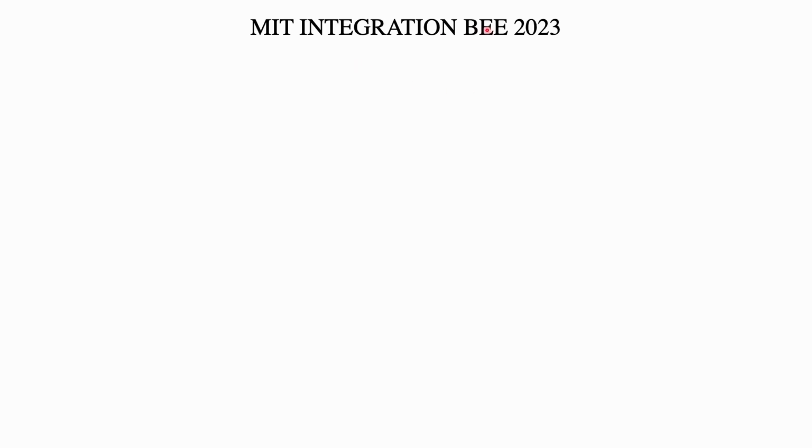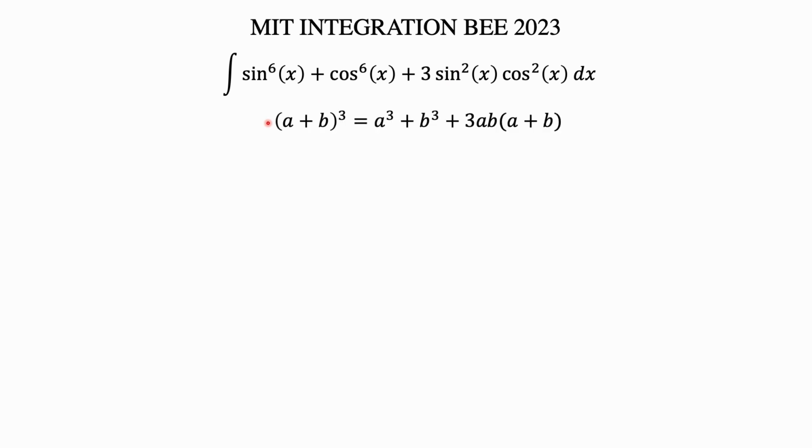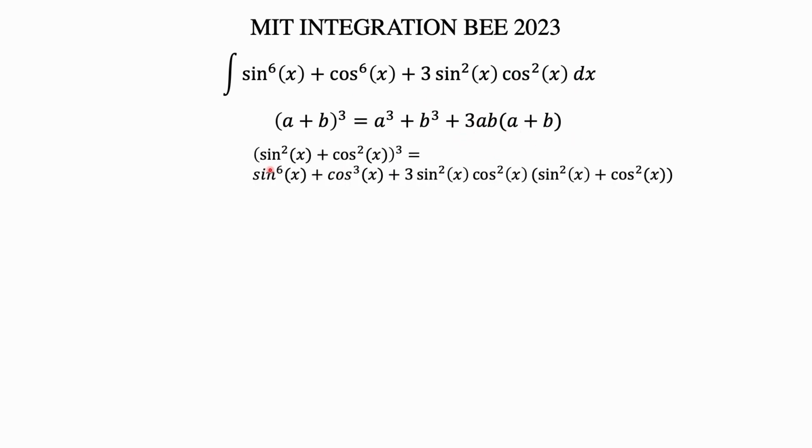Let's solve this MIT integration bee 2023 problem. You have sin^6 x plus cos^6 x plus 3 sin^2 x cos^2 x, dx. When I see this function, it instantly reminds me of the identity: if I take (sin^2 x + cos^2 x) to the power 3, since sin^2 and cos^2 add up to 1, I get this function back, and basically this is 1.